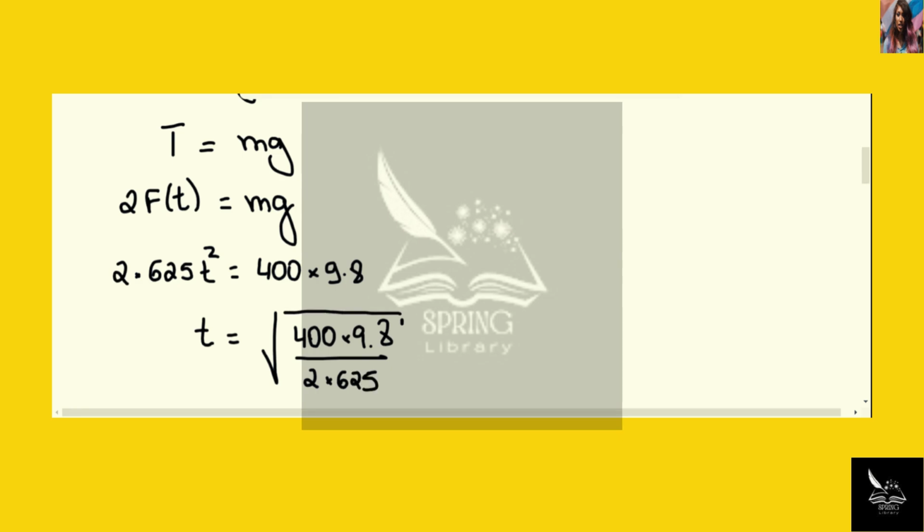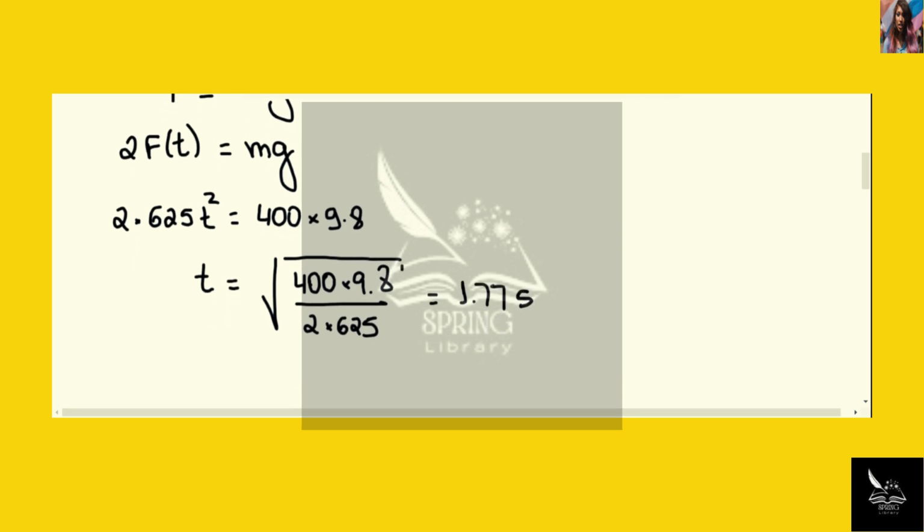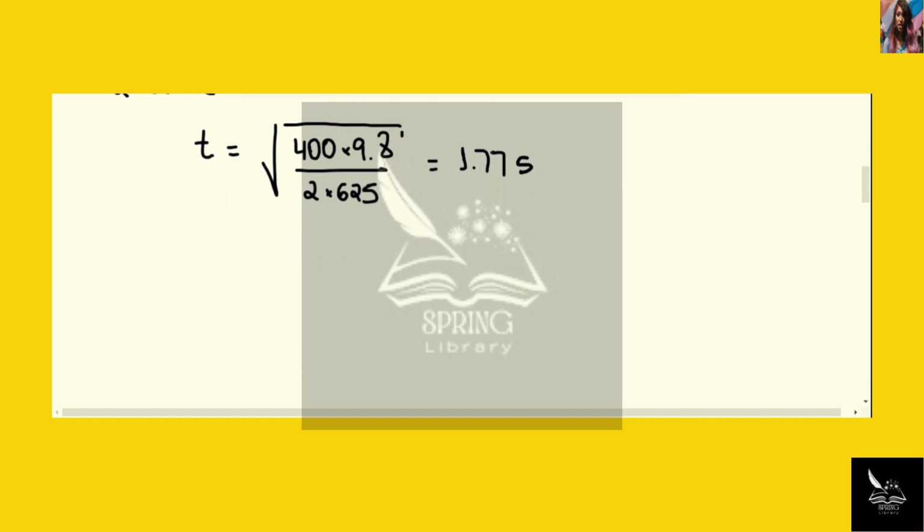So this is equal to 1.77 seconds. So between t equals 0 and t equals 1.77 seconds, the block is still.